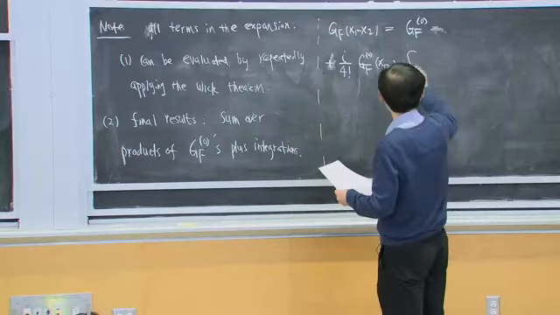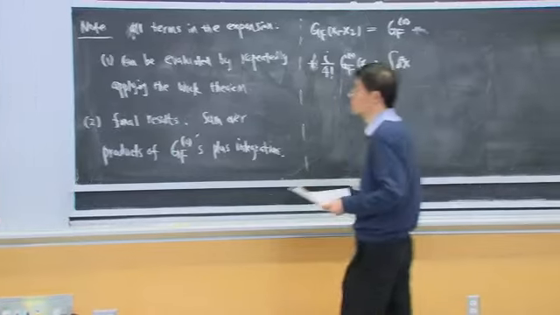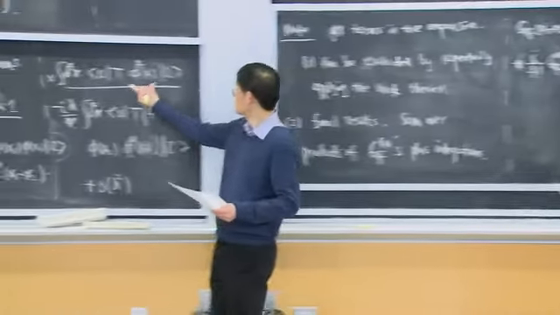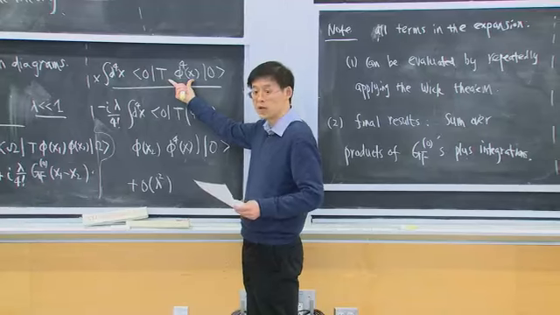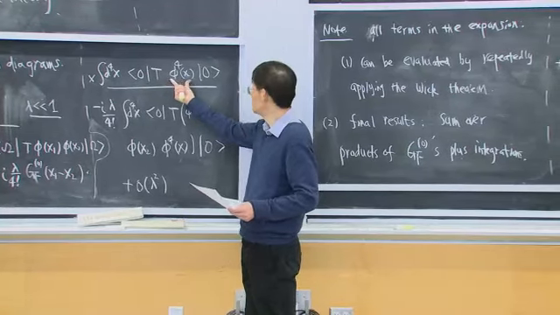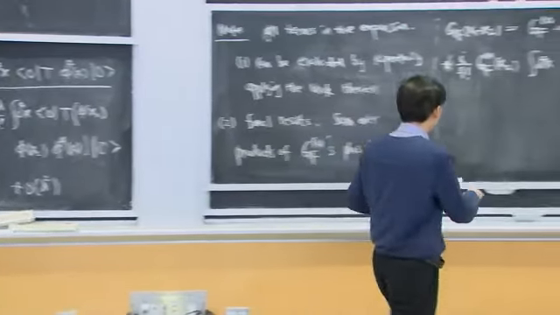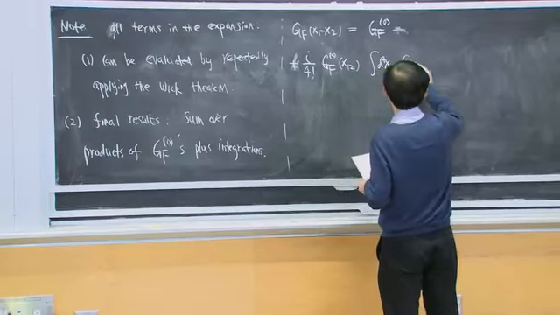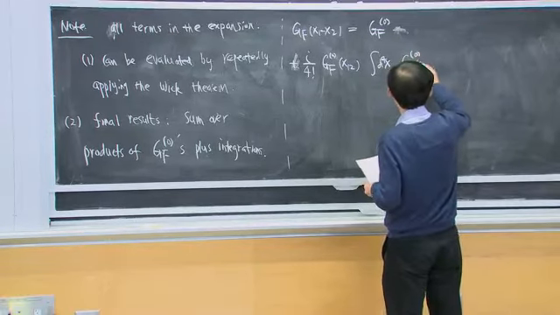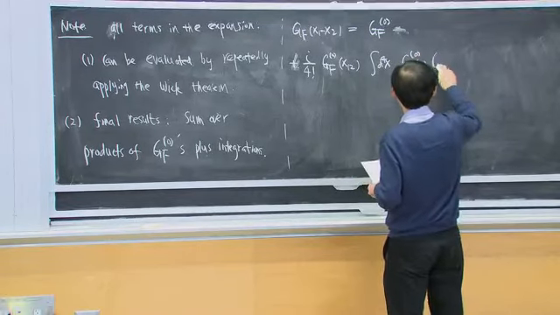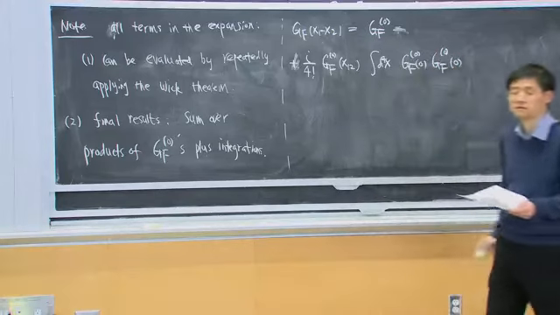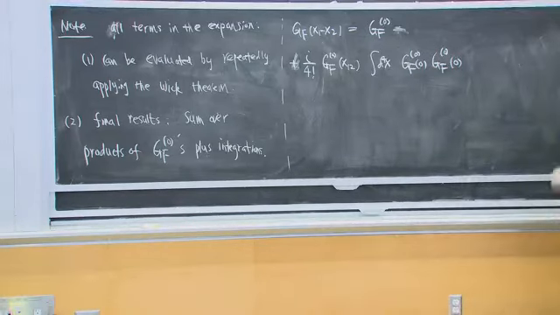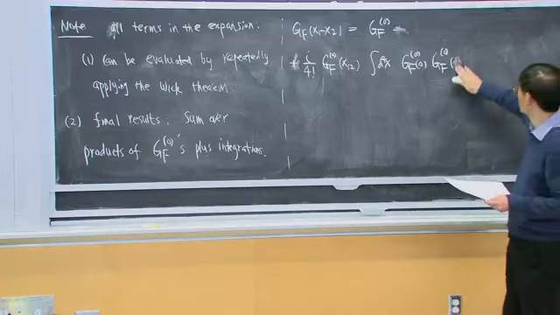Then we have this integration over d^4x, and let's evaluate this. It reduces to two Feynman propagators, both of them G_F^0(x minus x).